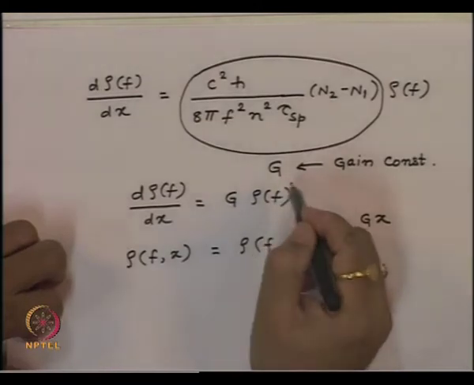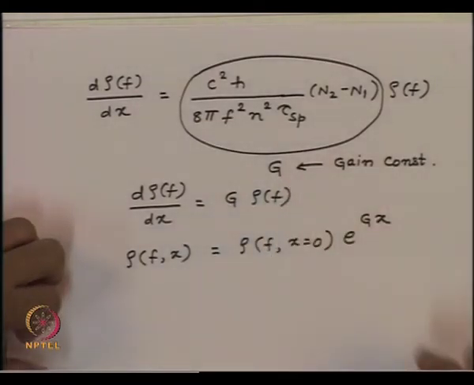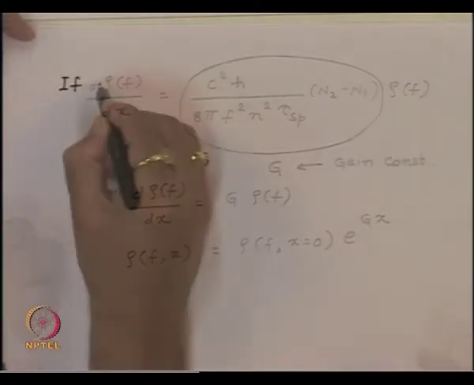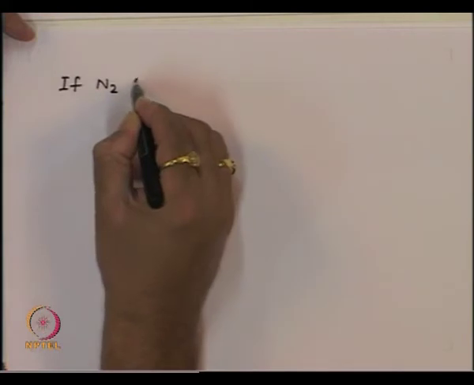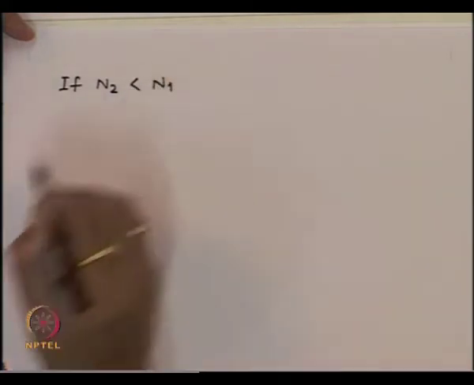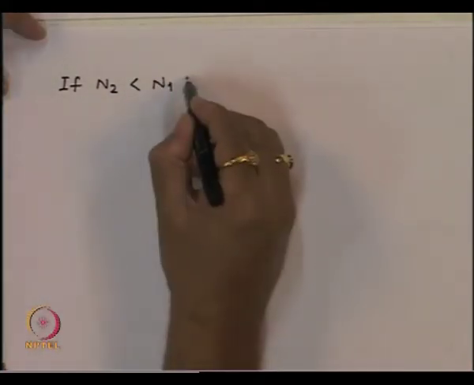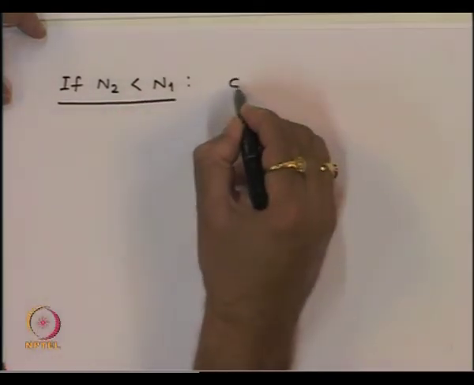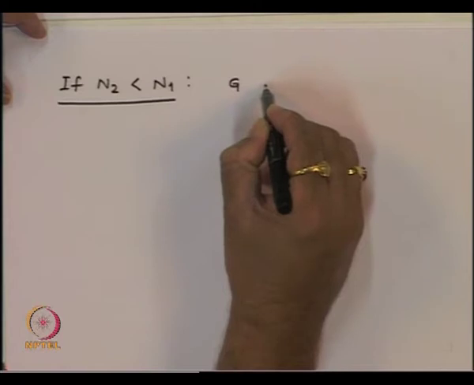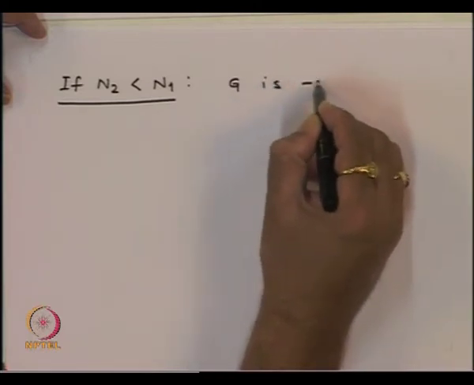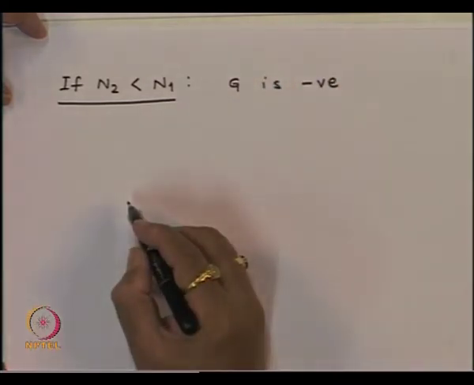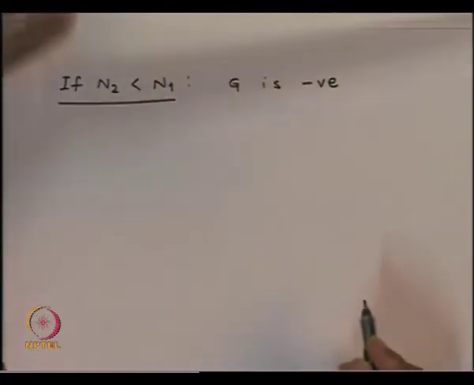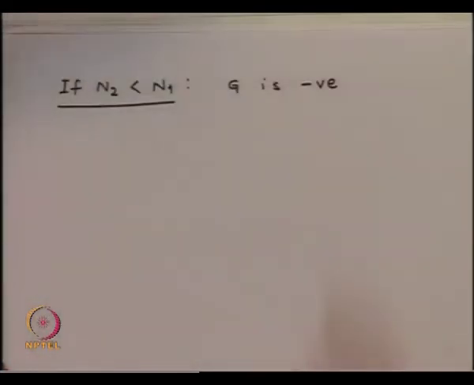So, essentially we have now these three things possible. One is if n2 is less than n1, which is the normal condition, then g is negative, or it represents exponential decay of this function.